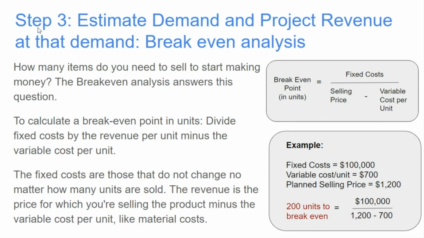We can find the magic number. And the magic number that we look for in this demand quantity thing is called a break-even point. A break-even point is the point at which we stop losing money by selling a product because we're not selling enough of them, and we actually start making money.